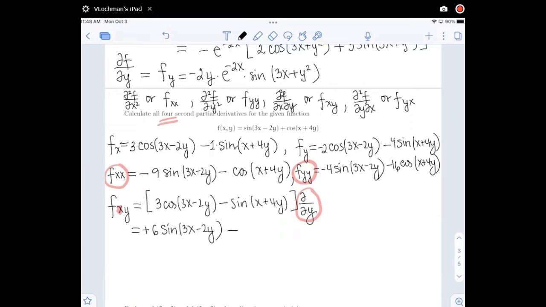This is still negative cosine of x plus 4y, except we have the derivative of the inside with respect to y, that's 4. Okay. All right. So let's stop here for a second. Do you guys agree? Yeah. Okay. That is done.